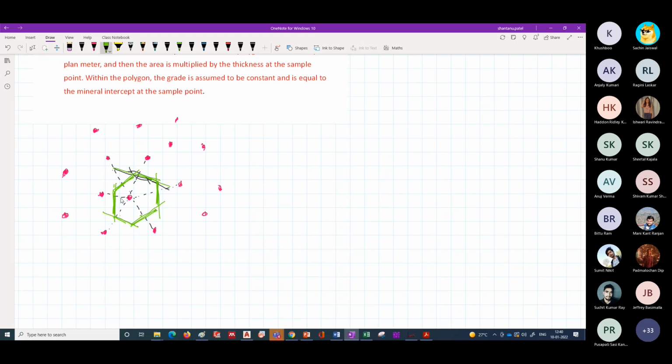Whatever grade and thickness we have here, we assume that it applies to this total area.